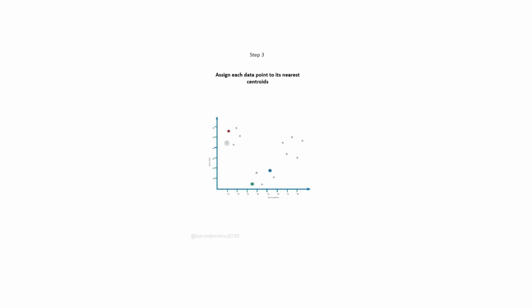I mean, take a data point, calculate distance from all 3 centroids and assign the data point to its nearest centroid. We have to do the same thing for each and every data point. And in step 4, we have to update the centroids by taking mean of each group. And in step 5, we have to repeat step 3 and 4 until the difference between previous centroid and current centroid becomes 0. Finally, this is how your cluster would look like.